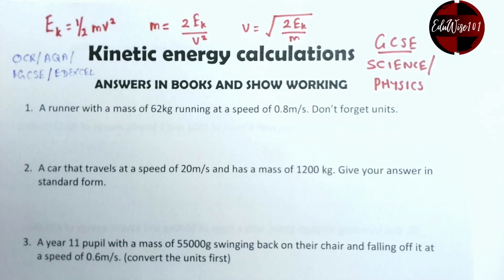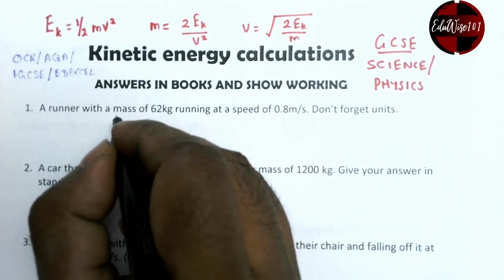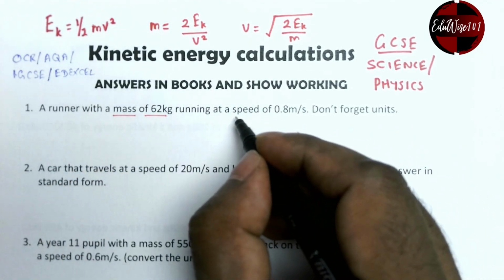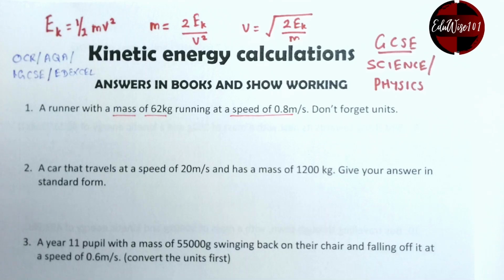So let's start with question number 1. A runner with a mass of 62 kilograms running at a speed of 0.8 meters per second. So what we are trying to calculate is the kinetic energy.